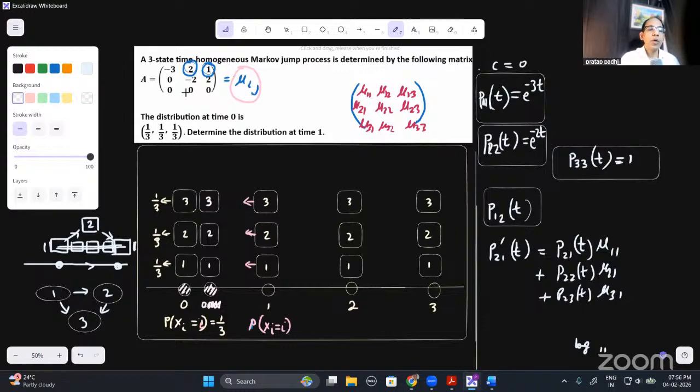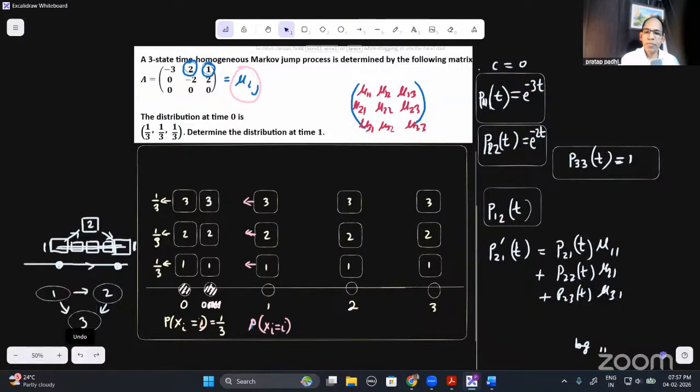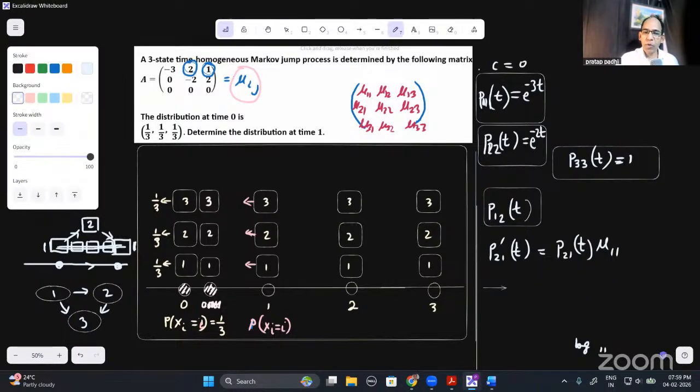Mu21 is 0, mu31 is 0. By virtue of that, these two terms will be 0, because the mu's are 0. So only one term we have. This equation we need to solve. Integrating mu11 dt, 1 by y will come. So you will get log P21(t) is equal to mu11, which is minus 3t, plus a constant.